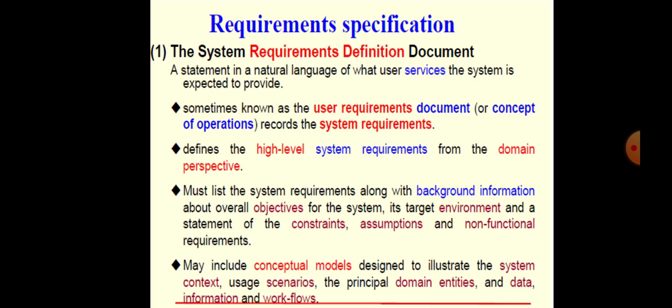Must list the system requirements along with background information about overall objectives for the system, its target environment, and a statement of its constraints, assumptions, and non-functional requirements. May include conceptual models designed to illustrate the system context, usage scenarios, the principal domain entities, and data, information, and workflows.